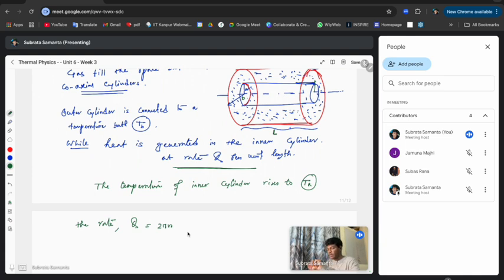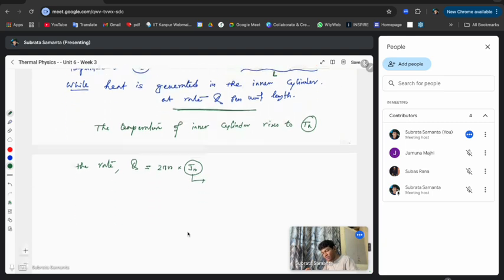Let's say we are considering a small patch where the radius is r, so 2 pi r times J_r, which is the radial heat flux.